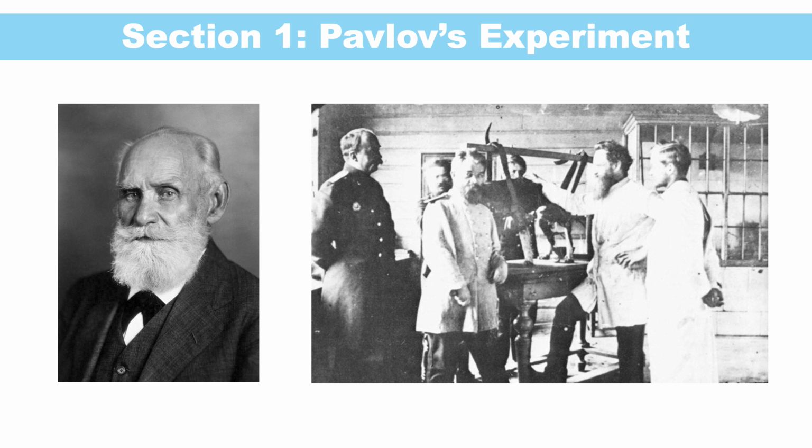The dogs were harnessed in place to eliminate extraneous movements, and Pavlov's team meticulously recorded their reactions to various stimuli. Initially, they were studying a straightforward biological response, but something unexpected happened. The dogs started salivating before they were given food, sometimes just at the sound of footsteps or the creak of a door. This unintentional discovery laid the foundation for what we now call classical conditioning.